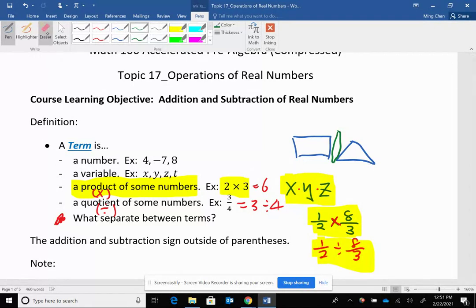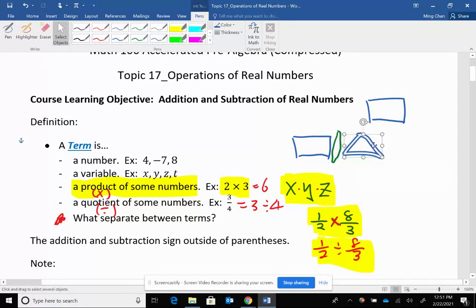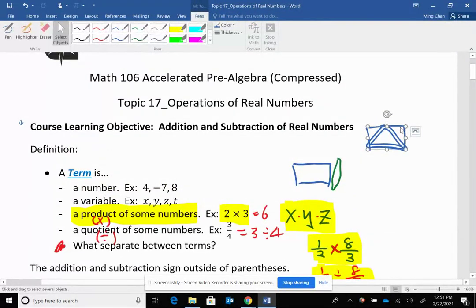So it's kind of weird, because what happens if I draw you a rectangle, and then I take this triangle and put it inside of it? Now this is how many terms? If I put that triangle inside the rectangle, instantly this becomes one term.